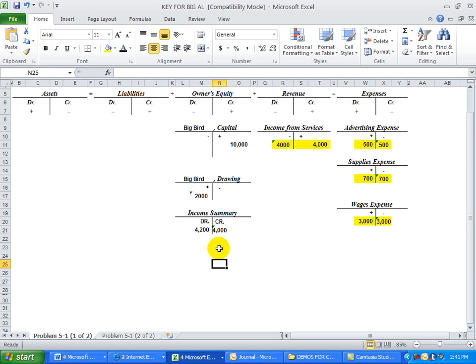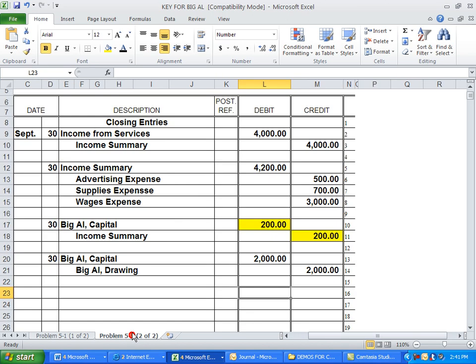Third, we want to close the income summary account. If you subtract the smaller from the larger side, we have a debit balance of $200. So we're going to have to credit income summary, and that's exactly what we did on that general journal page over here. See how we had credit to income summary to close it, and we moved the balance and net loss into capital on the minus side.